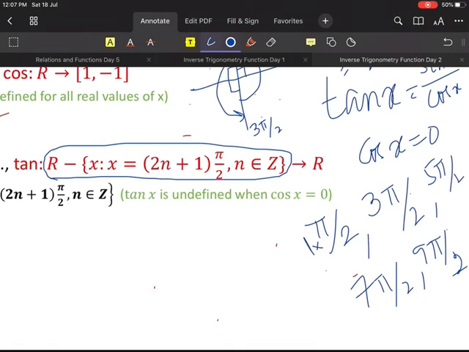Suppose I give you any number, okay? Acha, I am thinking of a number. Everyone listen very carefully. I am thinking of a number, and I am telling you to make it an even number.